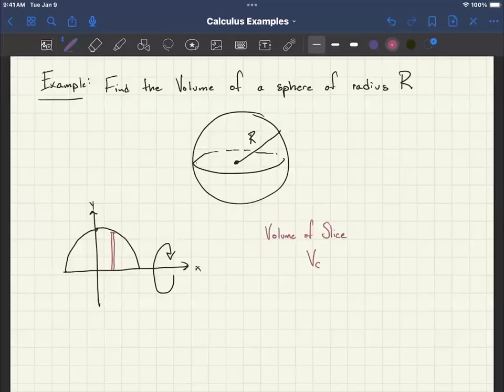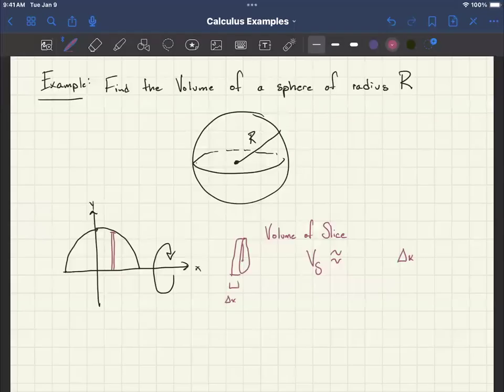So the volume of our slice, and I'm going to denote it V sub S, S for slice, is going to be approximately, well, let's see, when we take that object and we rotate it around, we end up getting something that looks like a circle. And it's got a little bit of x height to it. So we're going to call that change of x. We're going to put that on the back side. This change of x is going to turn into our dx when we upgrade this into an integral.